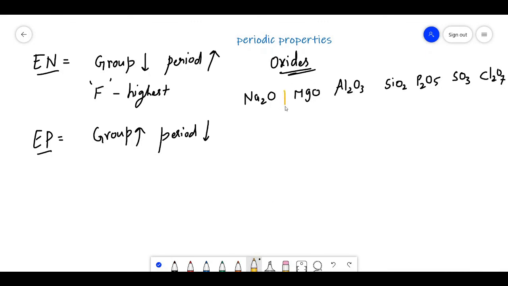sodium oxide and magnesium oxide are basic, and this is a strong base, and this is a weak base, whereas aluminium oxide is amphoteric.